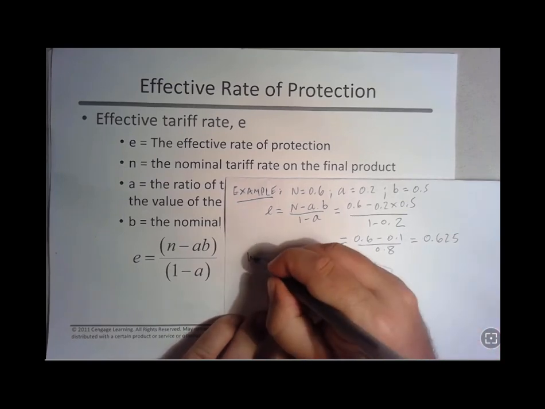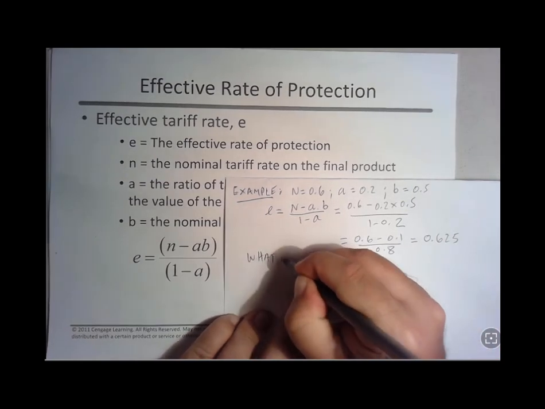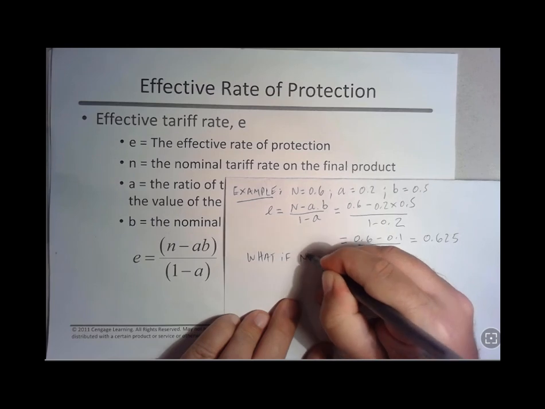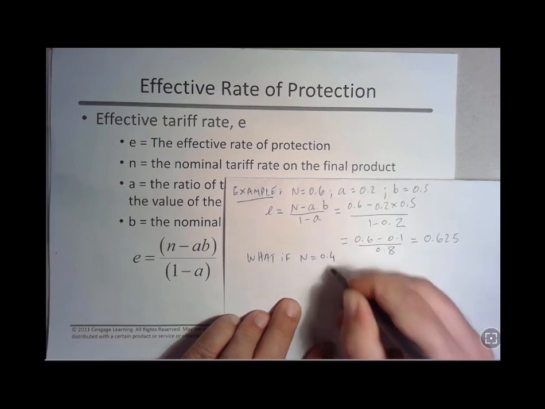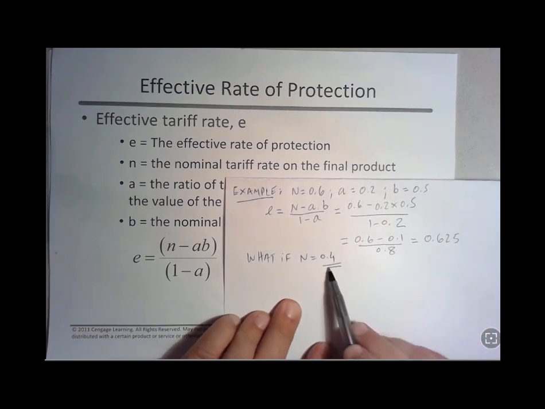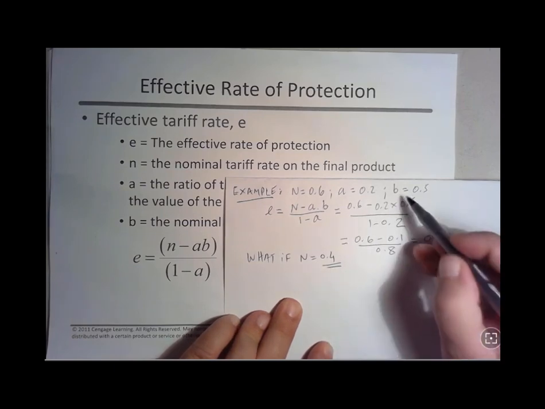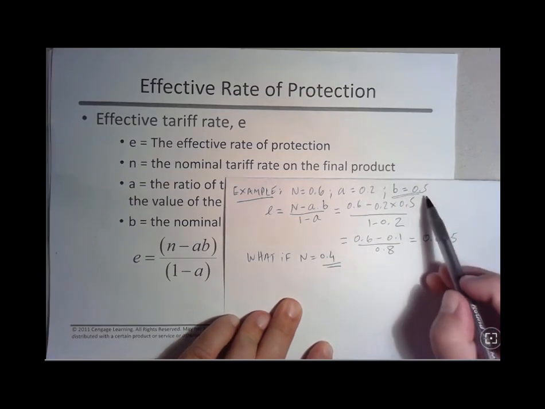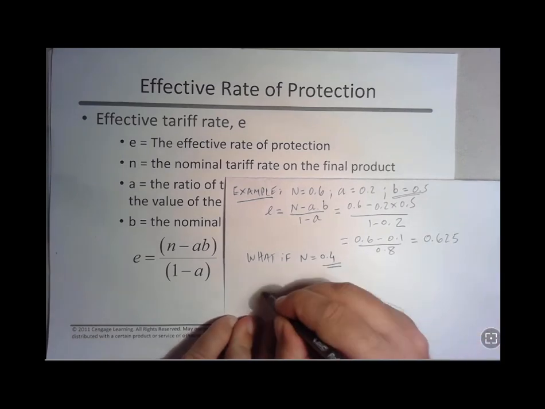Now what if N is 0.4, meaning that the tariff on the final product is lower than the tariff on the intermediate input? What's going to happen in this case?